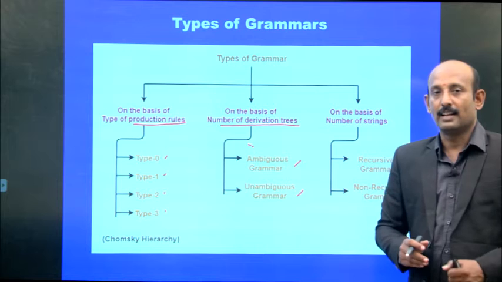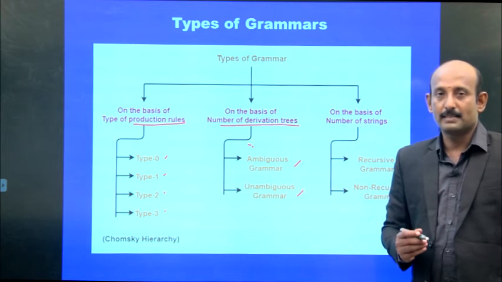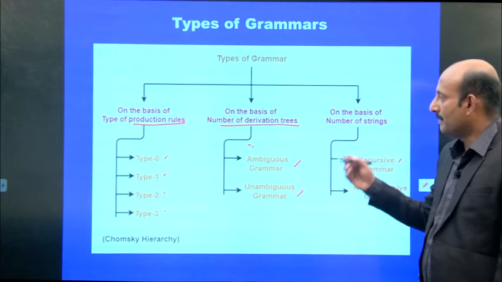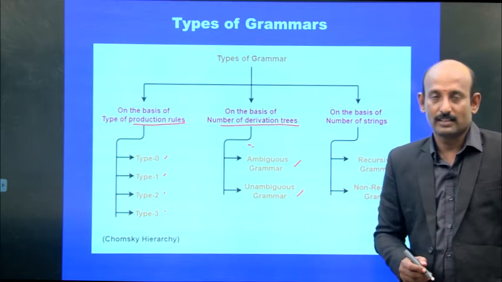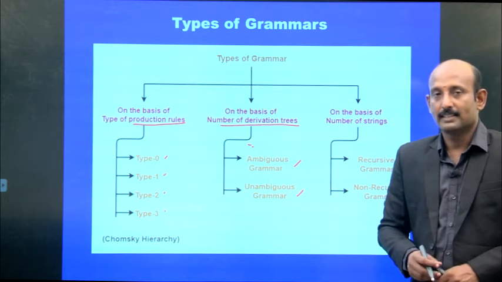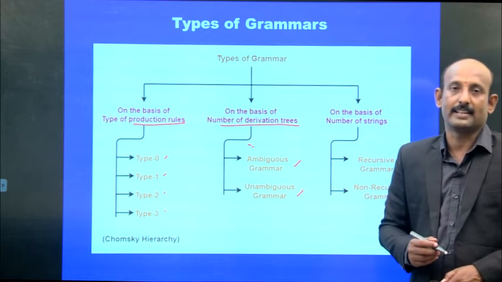So, these are the classifications of grammars based on the production rules, or based on the derivations, or based on the number of strings.